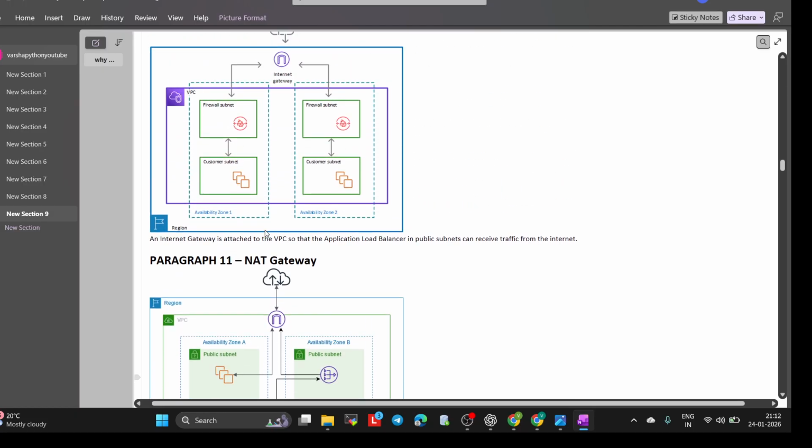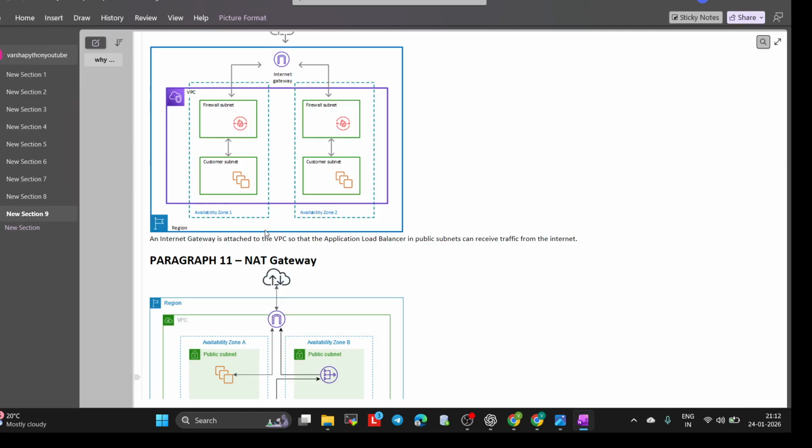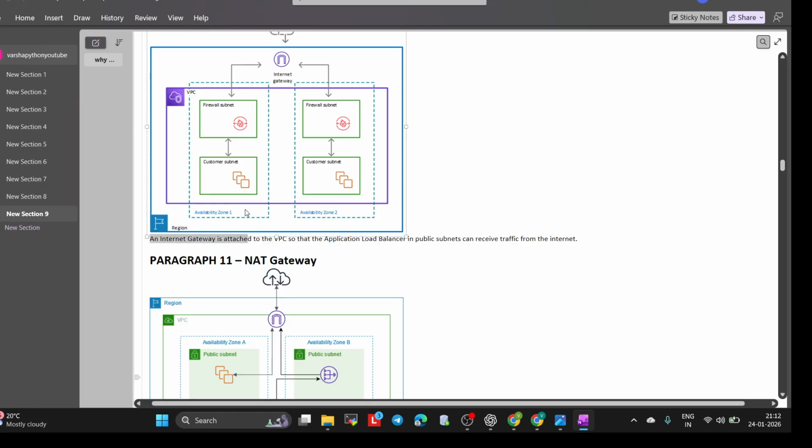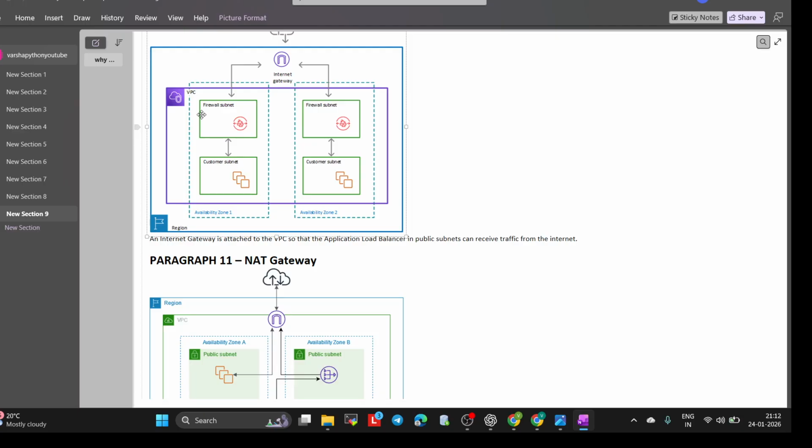This diagram focuses on the NAT gateway and explains how private subnet resources access the internet, because I told you in the last session that a private subnet can't directly connect with the internet. So here it shows how private subnet resources access the internet securely.